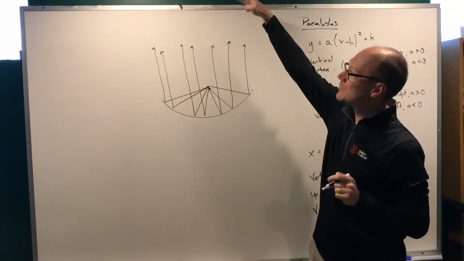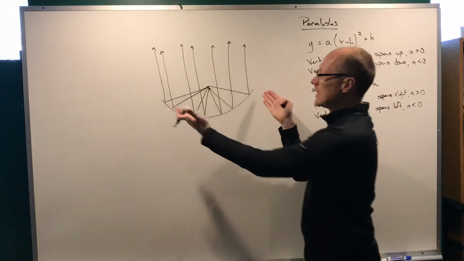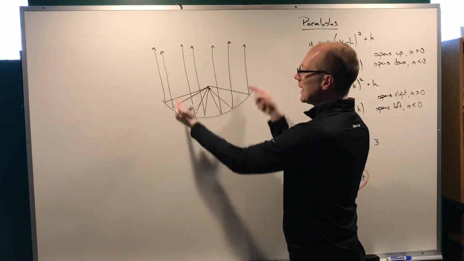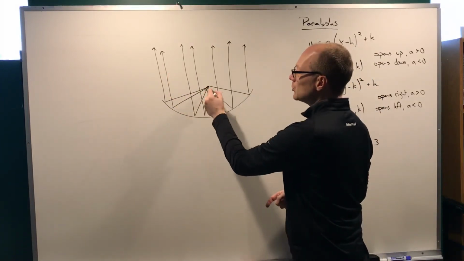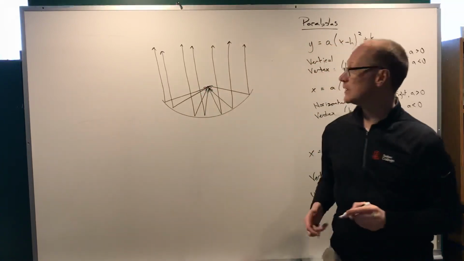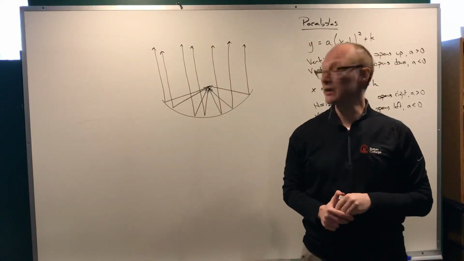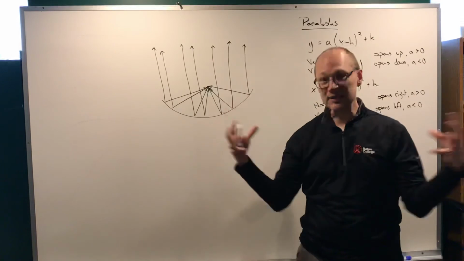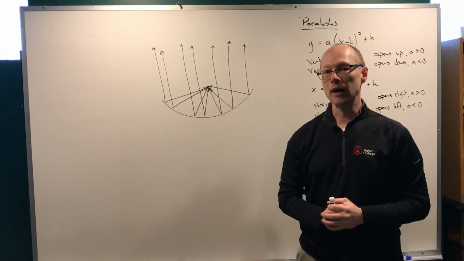For the satellite then to just beam back down and for the dish to collect all of those signals in so you can watch the new Frozen movie, and the receiver collects all of that information.